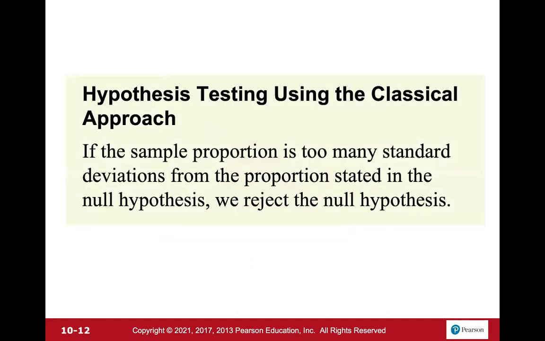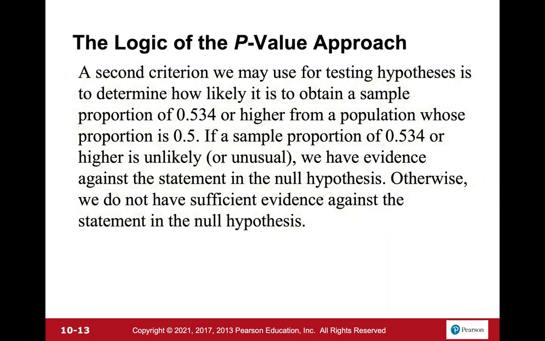All right, so now hypothesis testing using the classical approach. If the sample proportion is too many standard deviations from the proportion stated in the null hypothesis, we reject the null hypothesis. All right, so the logic of the p-value approach.